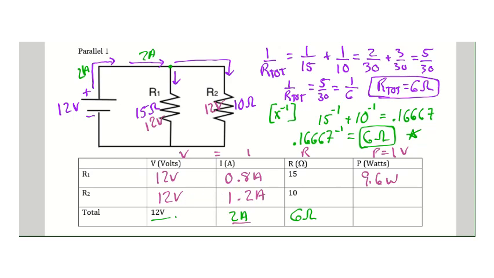And so 12 times 1.2 is going to be 14.4. And so we're going to add 14.4 plus 9.6 to figure out our total power. And we get 24 watts.